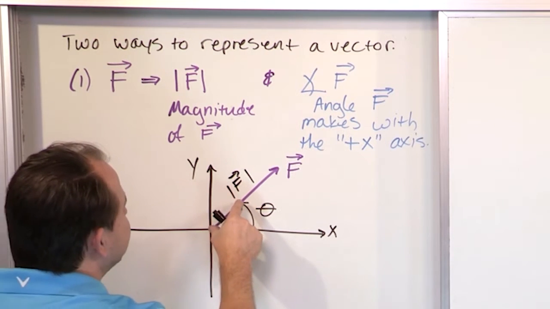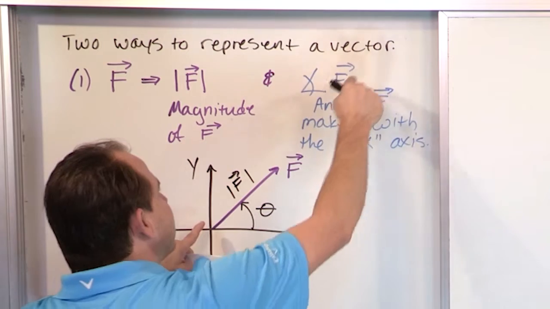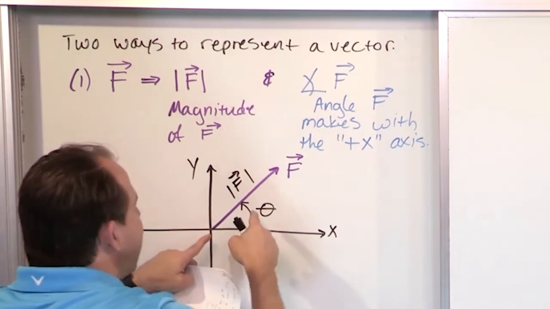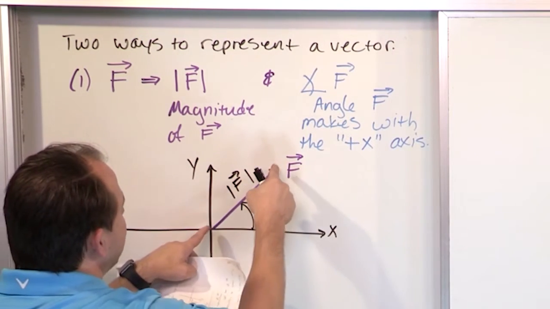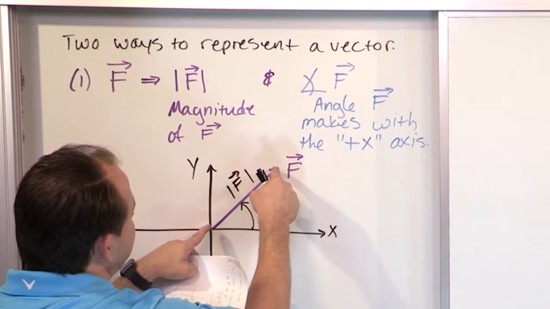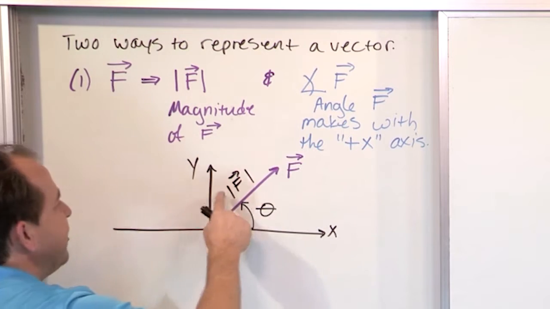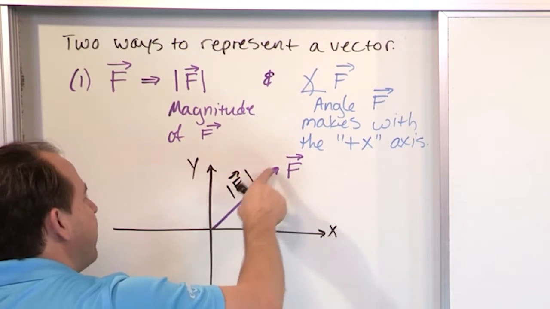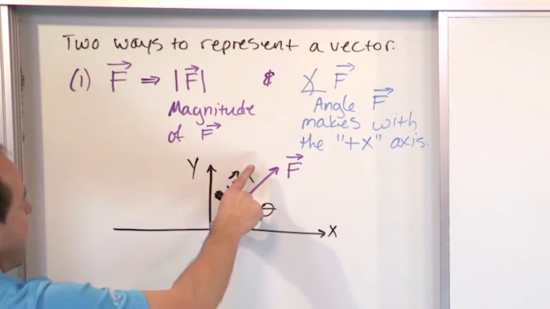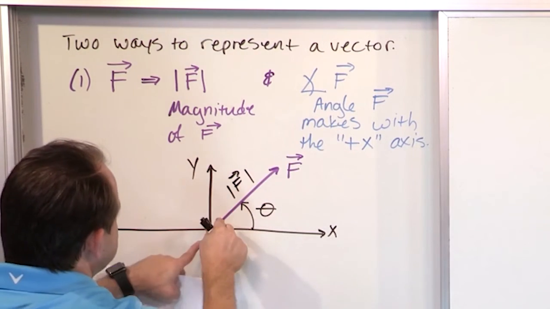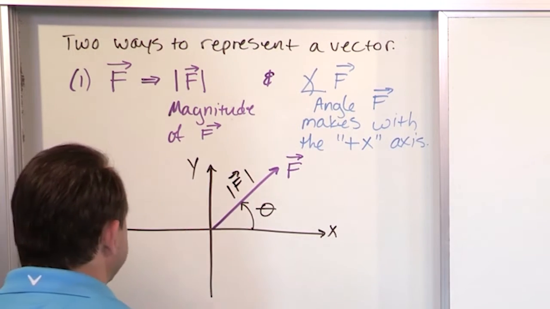It'll be 5 newtons instead of 10 newtons. If it's a really long vector, it might be 100 newtons, right? And if I want to change the direction, I just change the angle. So here it's 10 newtons, let's say here at 45 degrees, but 10 newtons at 60 degrees might be here. So by changing these two numbers, I can get an arrow representing F to point anywhere I want. Big, small, gigantic, microscopic, pointed anywhere I want, okay?